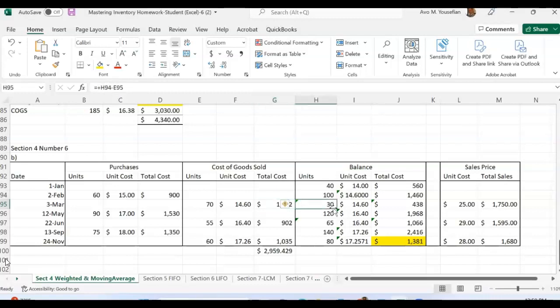So what is left? Equals 100 units less 70 units, enter, that's 30 units. How much dollar is left? 1460 available less 1,022 is $438 left. And average cost is still the same.